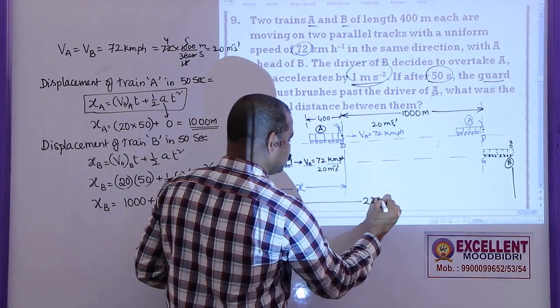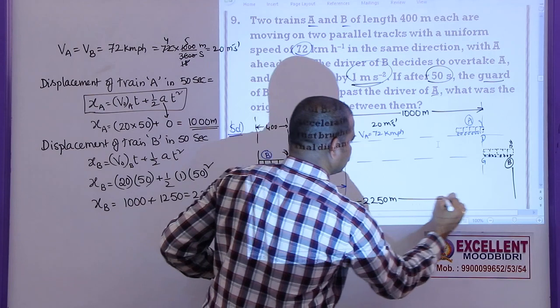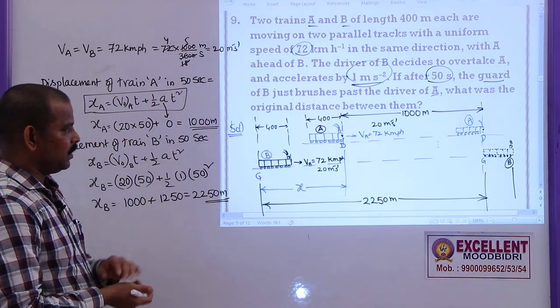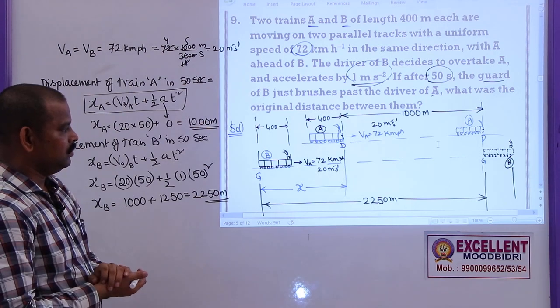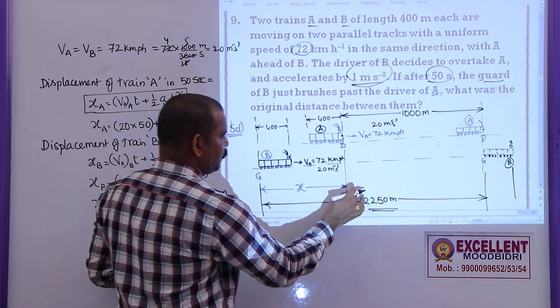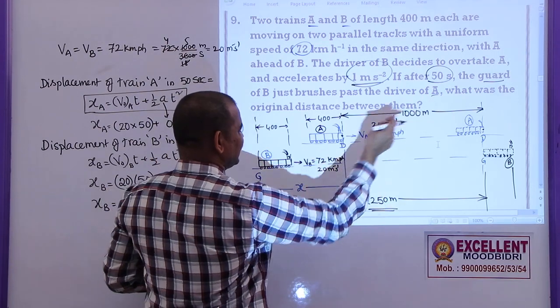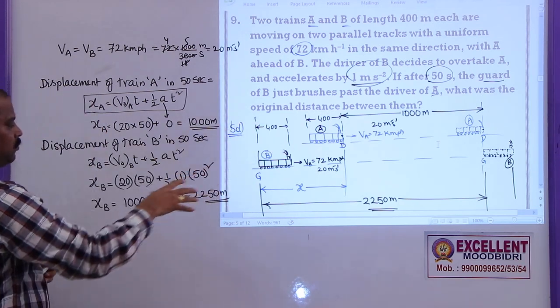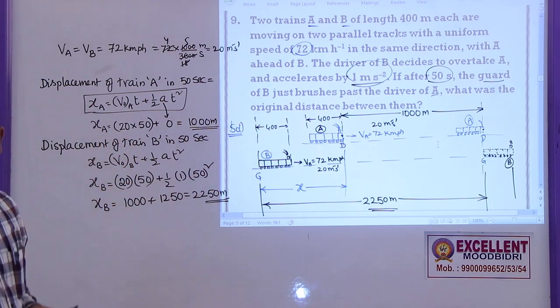This is 2250 meters. So, this is the displacement of the second train. Now, you see this diagram. In this diagram, you can see that this 2250 is equal to the sum of this and this. So, now based on the diagram, I am going to solve this problem.